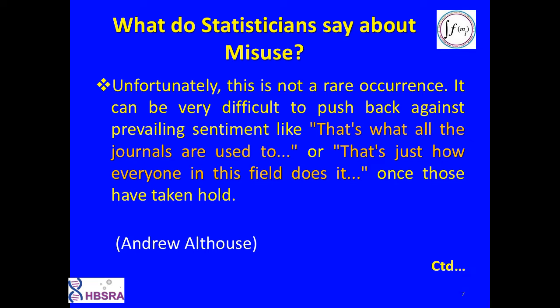Professor Andrew, a biostatistician, says misuse is not a rare occurrence. It is very difficult to correct because researchers say that is what all the journals do, that's how everyone is doing it in my field. When we talk about misuse, this is the main problem.